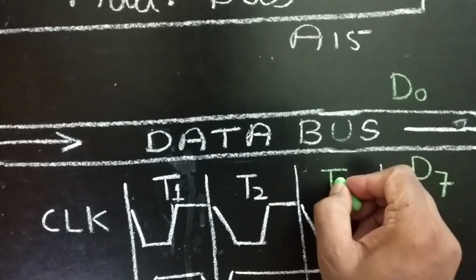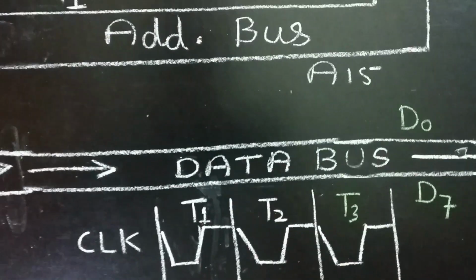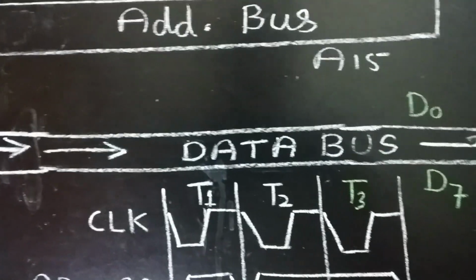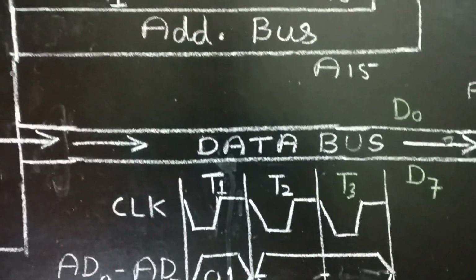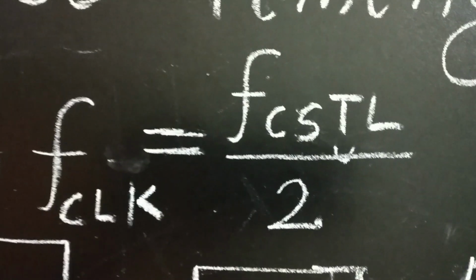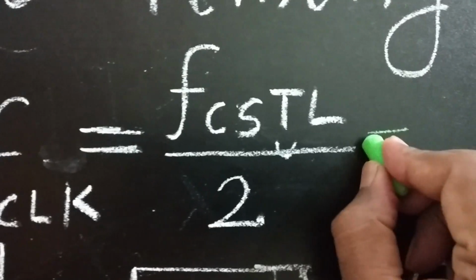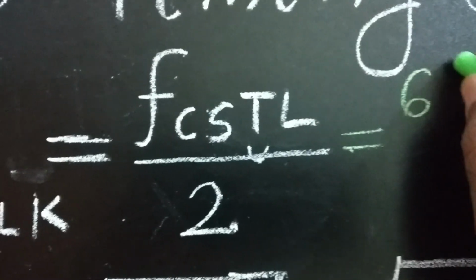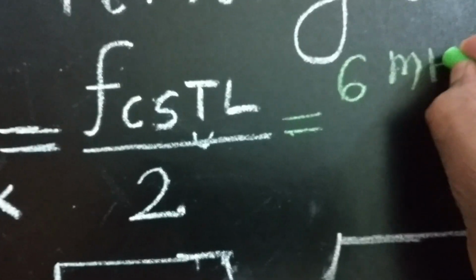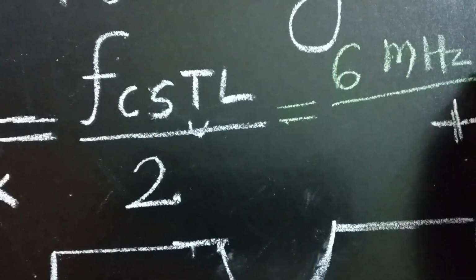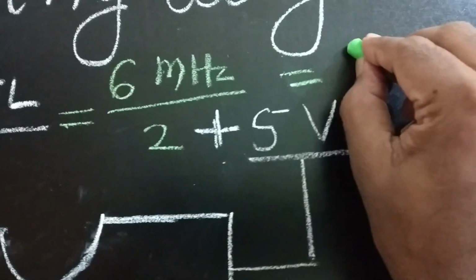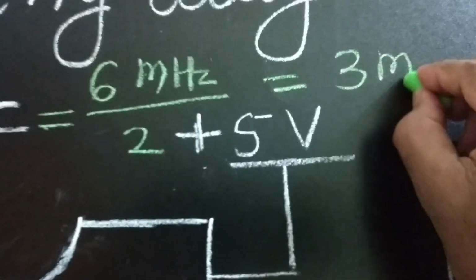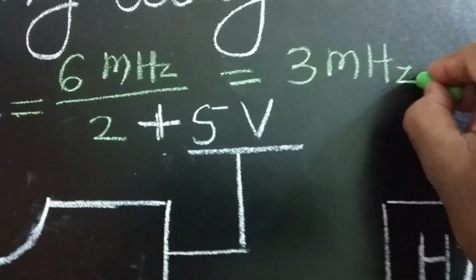T3 clock pulse. These clocks are continuously generated by the crystal, and if we have a 6 megahertz crystal, the clock frequency is divided by 2 and it will be equal to 3 megahertz.